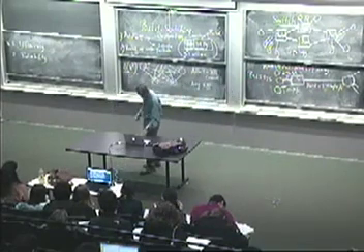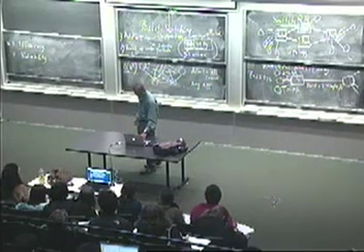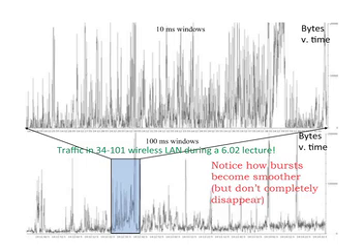So here's some pictures. What I did was I sniffed on the traffic in this room. So here's the kind of stuff that you see. This is the traffic in this room during a lecture. Now, this is actually not this semester, but I would assume it's fairly typical. The x-axis in these pictures is time.